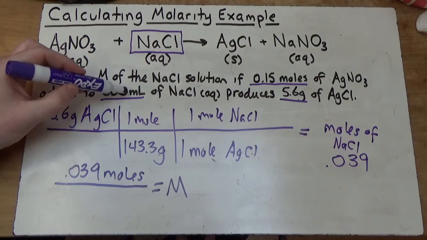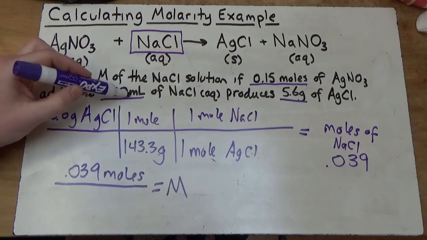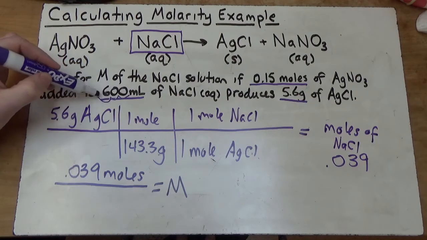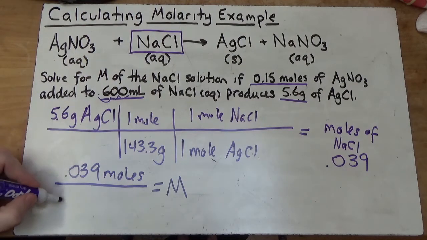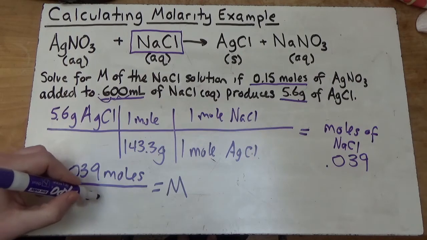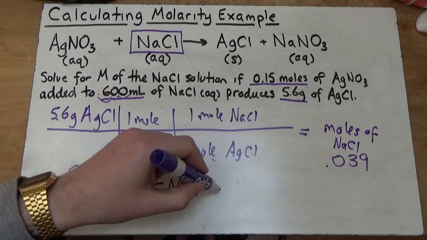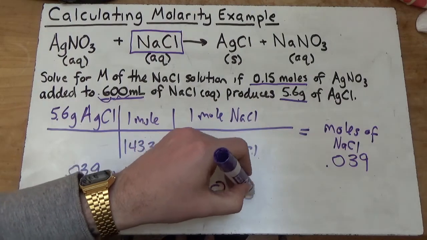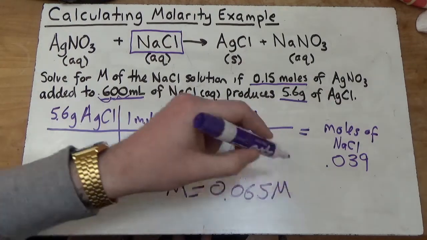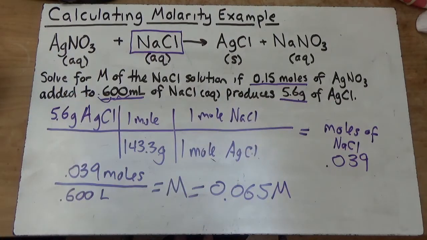To convert from milliliters to liters, you're going to divide by 1,000, and we're going to plug in 0.6 liters. Now, when you solve this, we're going to find out that the concentration of this salt solution was 0.065 molar.